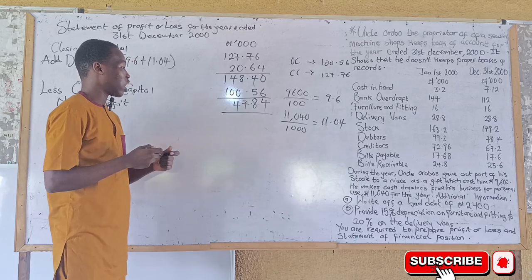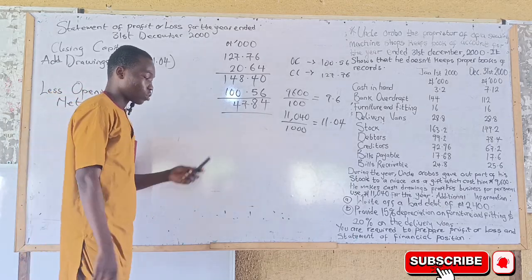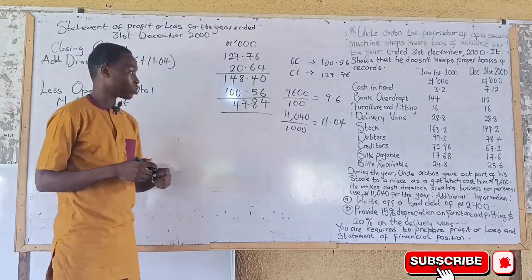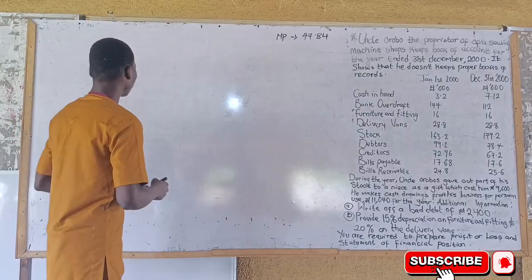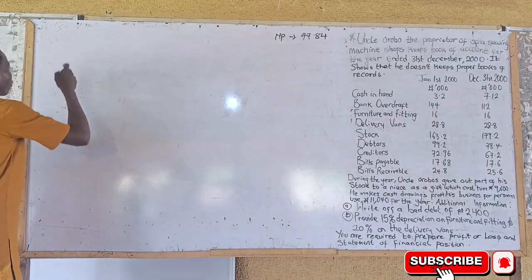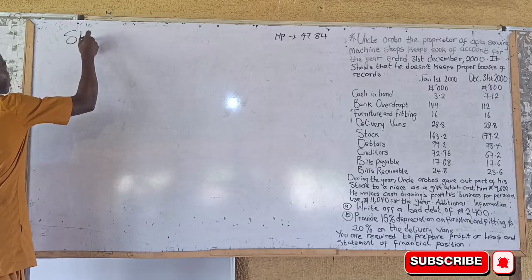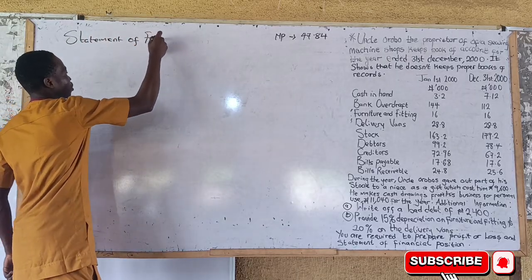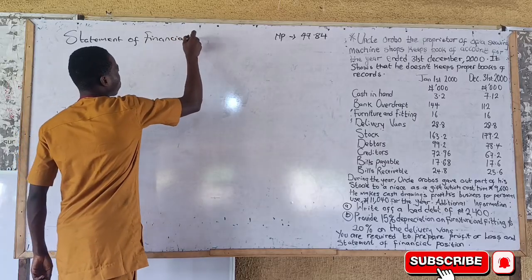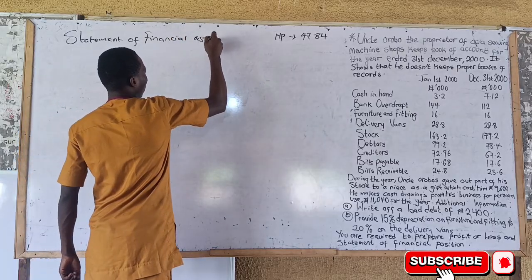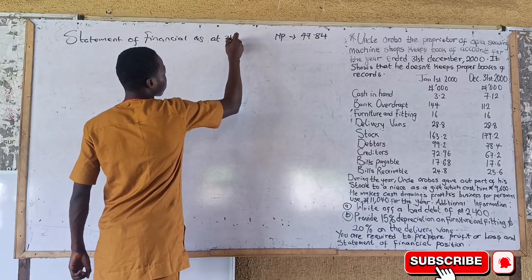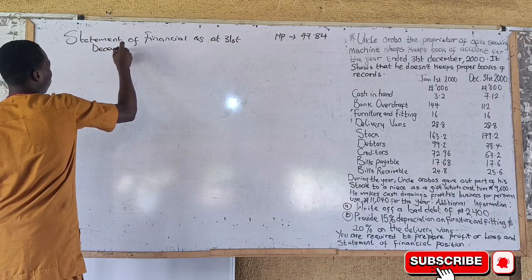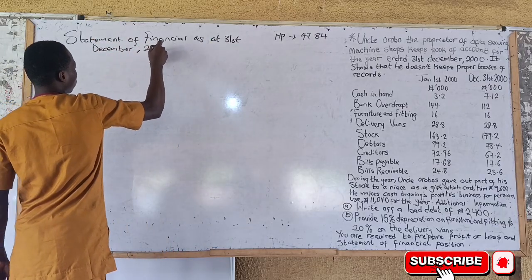Now, after we have gotten our net profit, the next thing we have to do is to prepare the statement of financial position. Now, let's move to the statement of financial position as at 31st December 2000.